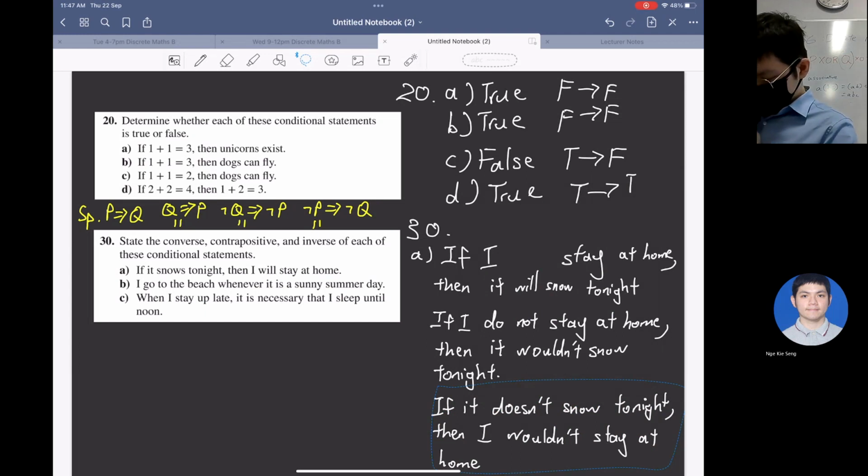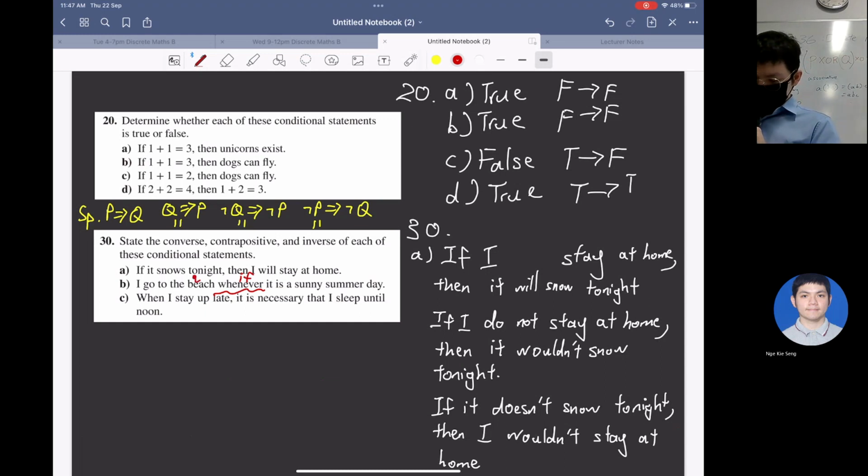What's the converse? Oh, this is the same, right? So you see, this part is the if. Whenever is an if. Remember?